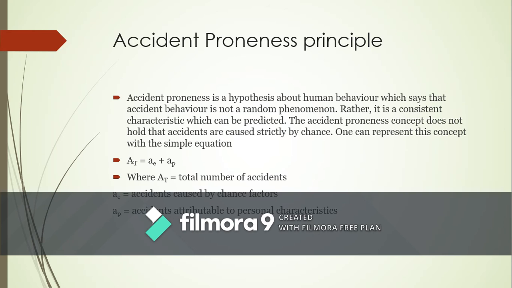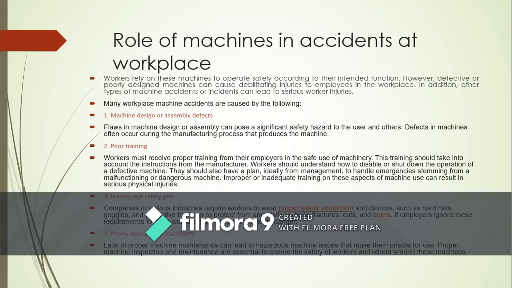So it could happen unfortunately or fortunately, that is accidents caused by chance factors, and accidents attributable to personal factors. So this is called the accident proneness principle. This concept does not hold that accidents are caused strictly by chance. Sometimes personal factors also influence accident proneness.